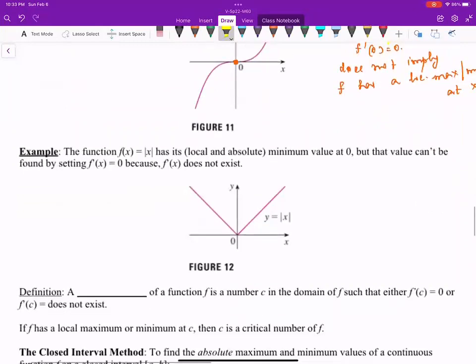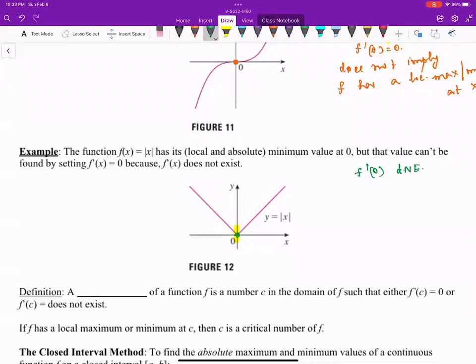In the next example, we are taking the absolute value function, f of x equal to absolute x. There is a corner at the point 0, as we know. The graph is actually continuous everywhere, in the entire real line. And at this point, there is a minimum. Even though a minimum is occurring, according to Fermat's theorem, if the derivative exists, it will be equal to 0. But at the corner, f prime of 0 does not even exist.